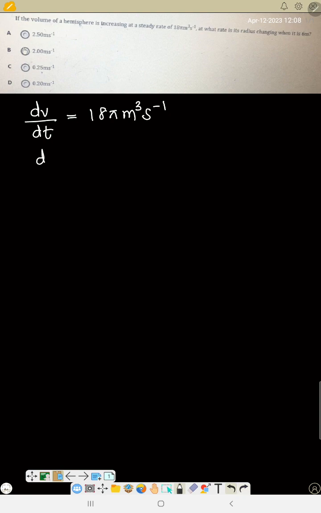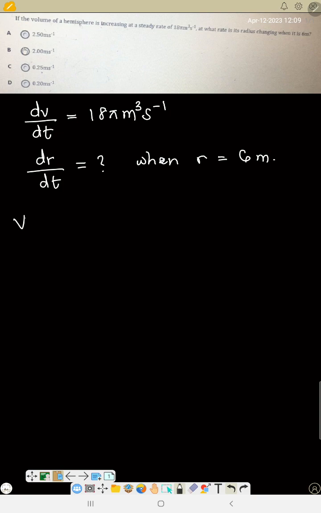So we are looking for dr/dt when r is equal to 6 meters. Now with all this info, we know we have a hemisphere.